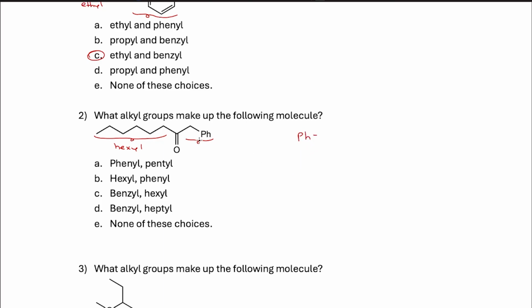So at first glance, you'd look at this and say, oh, we have a phenyl group, right? Ph. But we have this free carbon. This phenyl group really just refers to the actual benzene ring, but this free carbon, this CH2, makes it a benzyl group. This type of question is really good at making sure that you truly understand the difference between phenyl and benzyl groups. So your answer choice should be C.